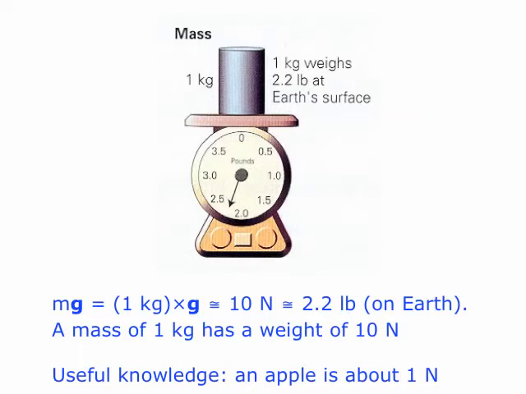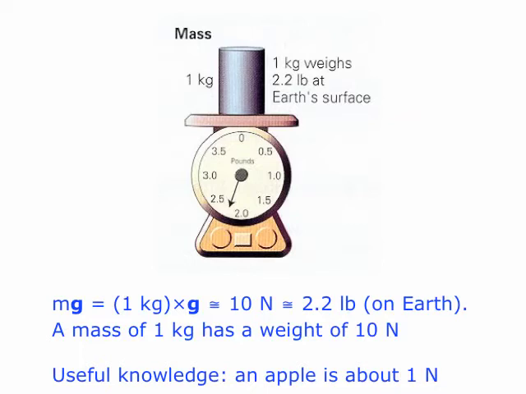Mass is different than weight. Weight is a force. Mass is a measure of inertia, or the amount of matter, or stuff, in a sense. Thus, 1 kilogram weighs 10 newtons on the surface of the Earth, where g is about 10 meters per second squared. And 2.2 pounds is approximately 10 newtons.